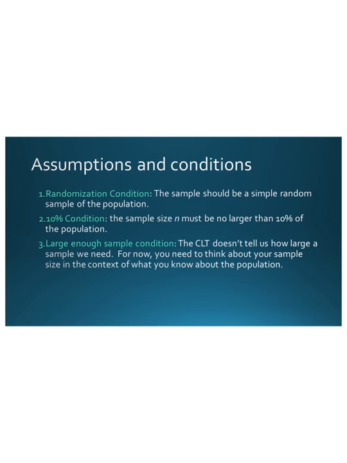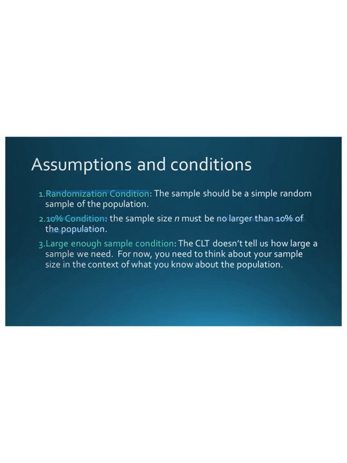Just like with proportions, we have three assumptions and conditions. The first one is the same: randomization. The sample should be an SRS of the population, or at least representative of the population. The 10% condition, just like with proportions: the sample size n must be no larger than 10% of the population.